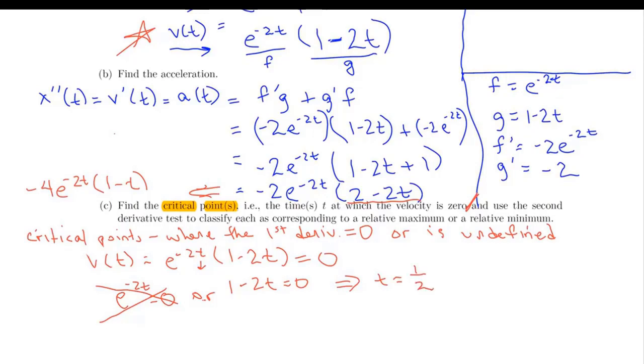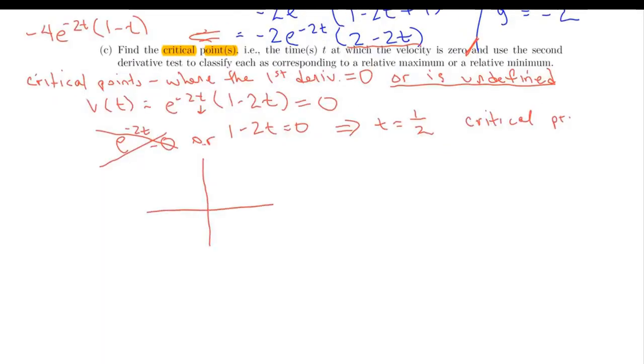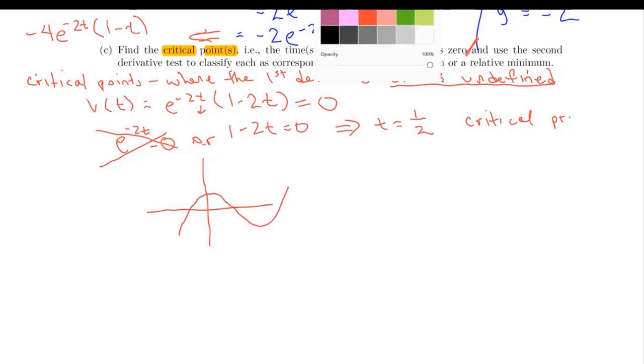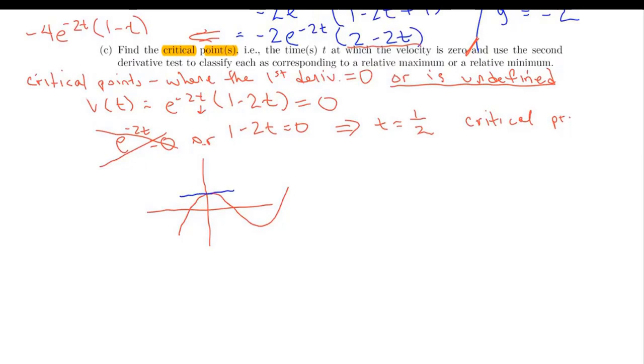Find the critical points. This is the critical point. So we have one critical point. When you have a graph, let's just say I have a polynomial. The derivative equaling 0 means the slope of the line tangent to a point is equal to 0.